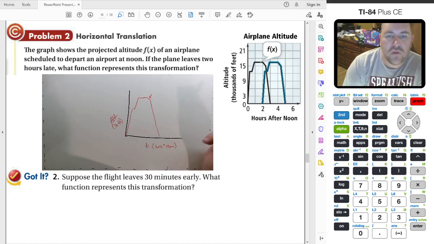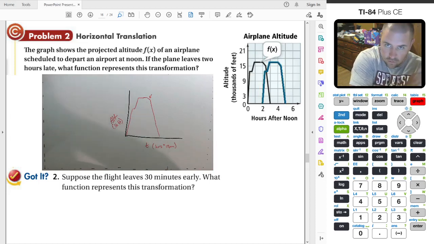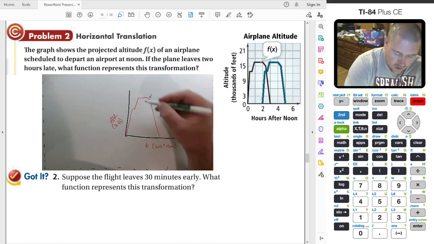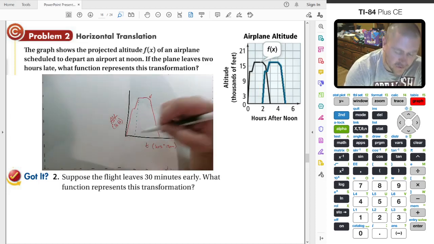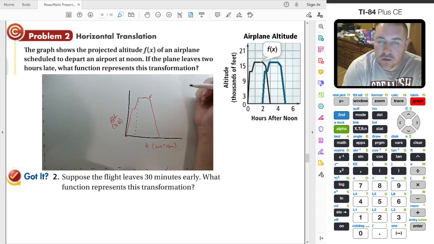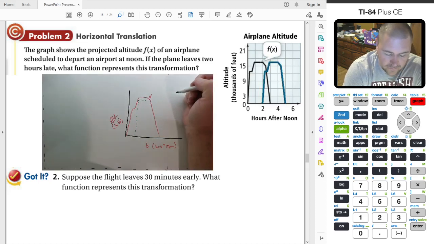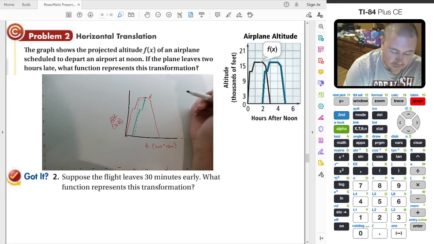It says it leaves 2 hours late. Do you see why the whole function moves to the right? Because I would have been at cruising altitude at this time, but because it's 2 hours late, it's not going to get to that cruising altitude until this time, which means there's the rest of the flight path, right?